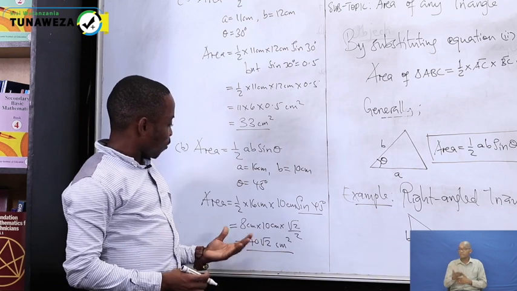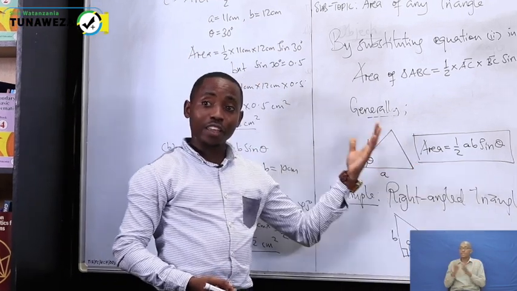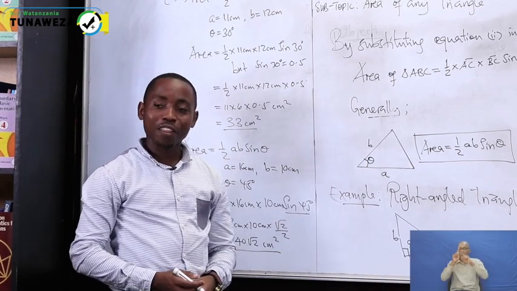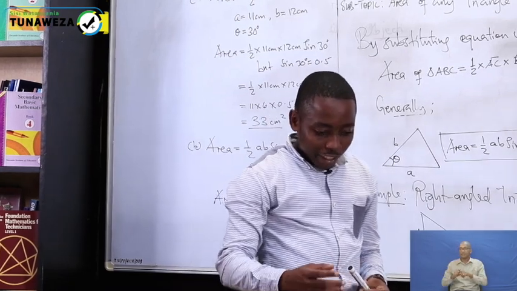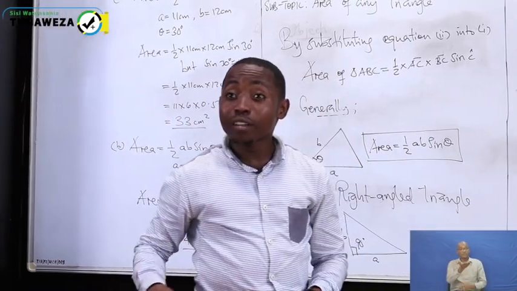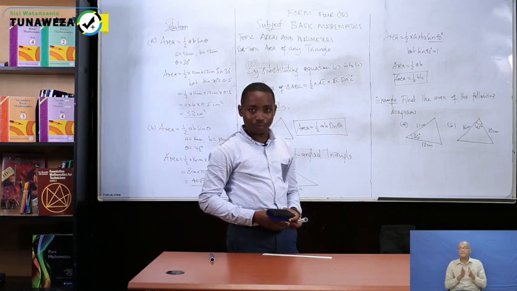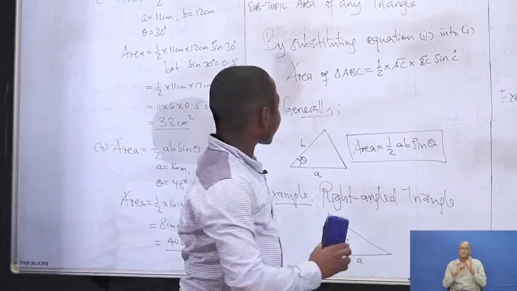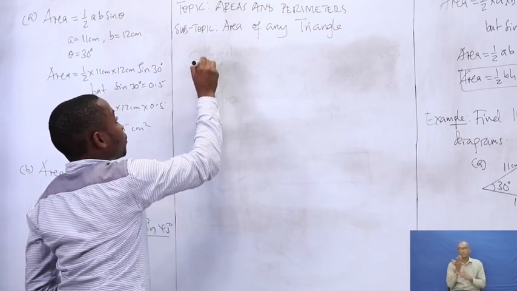So these are some of the examples of how we can use our general formula to find the area of any triangle that we are given. Now, I can give you one more question of a different form, which can help you with this formula.